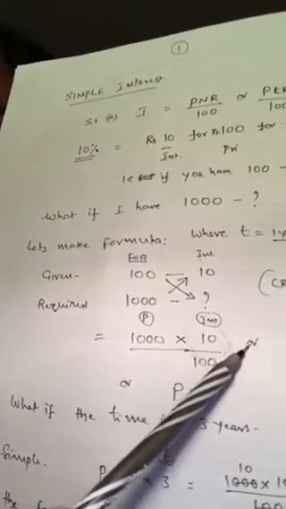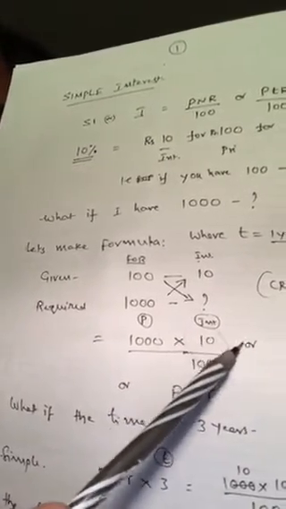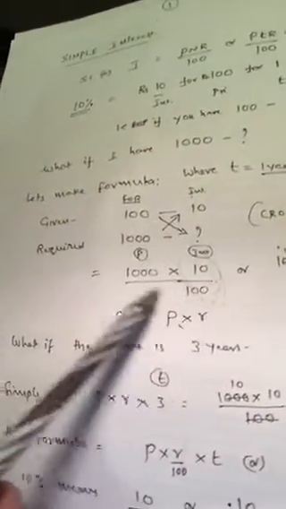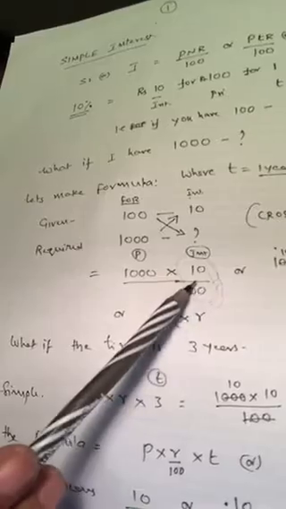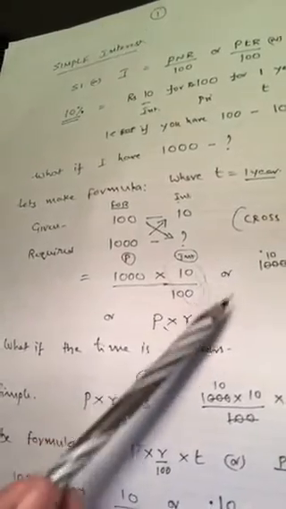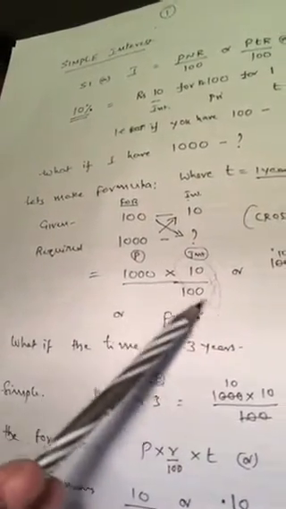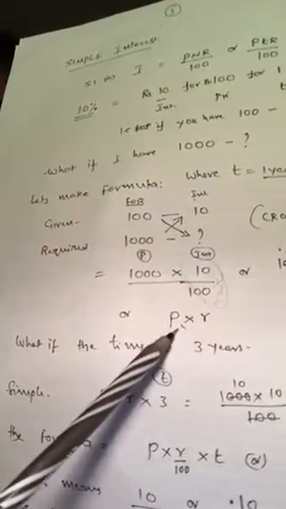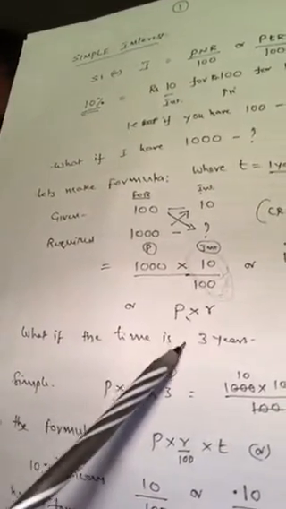If the time is 2 years, 100 into 2, it is 200. So like this, P into R into time, which we put as T. So the PRT by 100 formula is arrived at for calculating the interest.